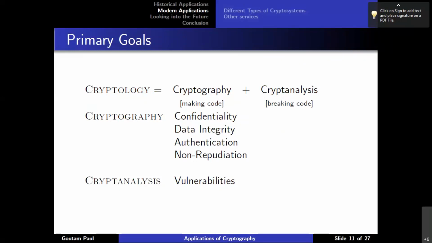So confidentiality does not mean that they do not see the data or they do not have access to the data. Confidentiality means even if they have full access to the entire data, they should be able to extract zero information out of it. That's the requirement of confidentiality, and that is provided by cryptographic encryption and decryption functions.